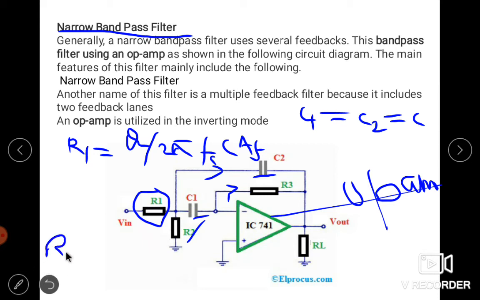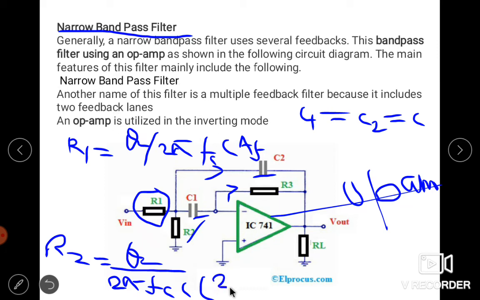R2 is nothing but again the quality factor Q divided by 2 pi fc C, where C is C1 and C2, and the derived formula has 2Q squared minus gain in the denominator. Here gain is there, right?